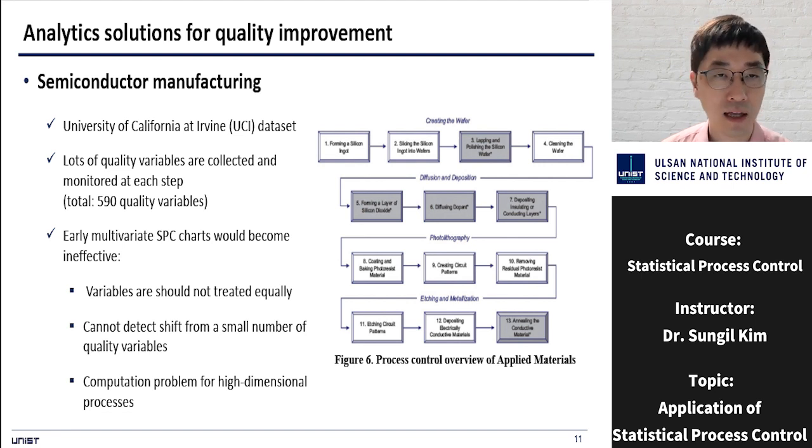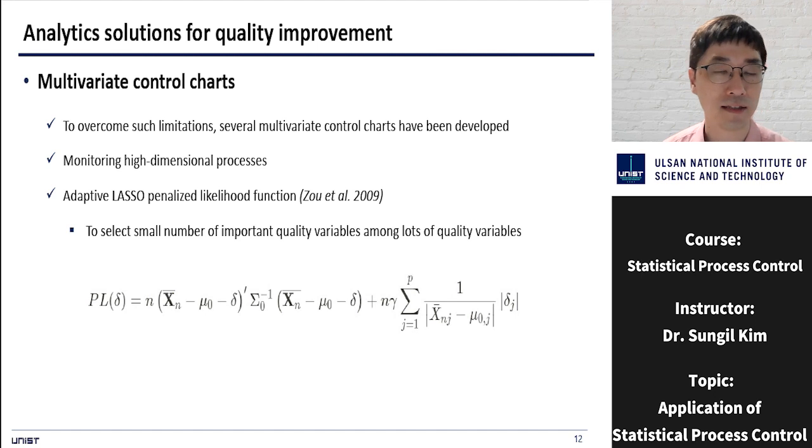Also, their computation when monitoring high-dimensional processes is so intensive that they become inappropriate for such applications. To overcome such limitations, recently, several multivariate control charts have been developed for monitoring high-dimensional processes.